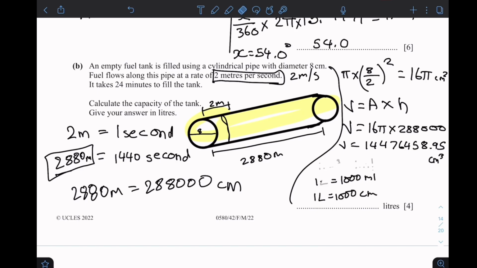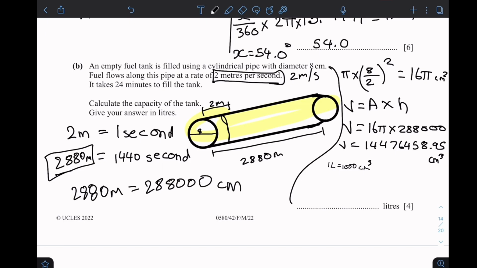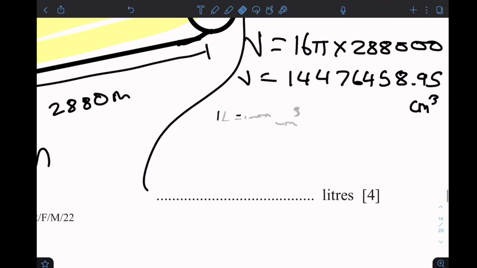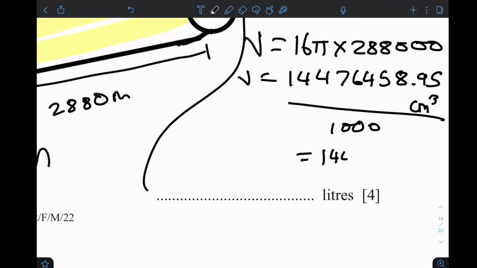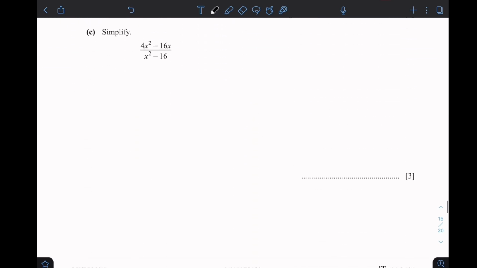So in that case, we can take this, what we figured out, and just divide it by 1000 to get the number of liters, which is 14,476 liters. And if you round that off, that will be 14,500 liters. So 14,500 liters is the answer.